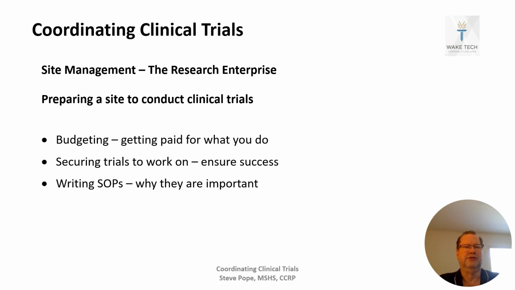You also want to secure trials to work on, and you want to ensure your success for that. So you want to be careful that you choose trials that you're probably going to succeed at. That means not only the trial itself, but the therapeutic area.